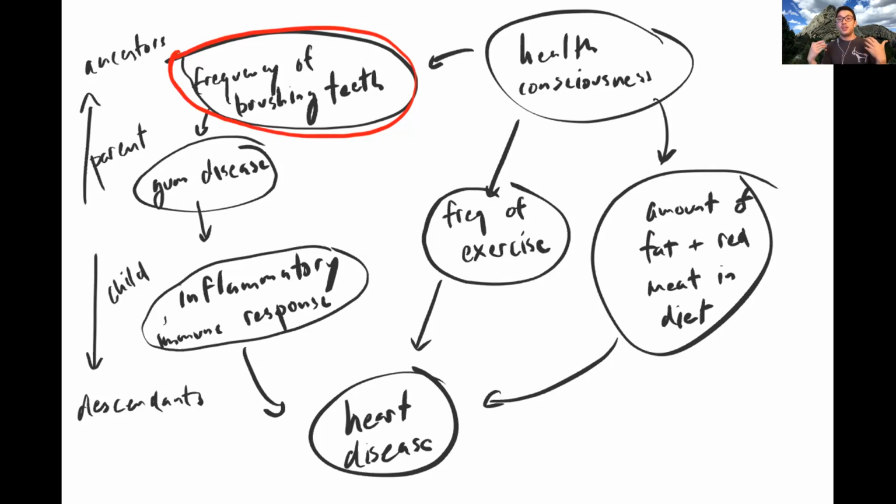then essentially, if you've captured the heterogeneity in people's frequency of exercise and diet, as well as the difference in the frequency of how often they brush their teeth, you can attribute changes in the heart disease outcome based on the differences in frequency of brushing their teeth directly related just to the dentist giving those orders and not related to the health consciousness outcomes.